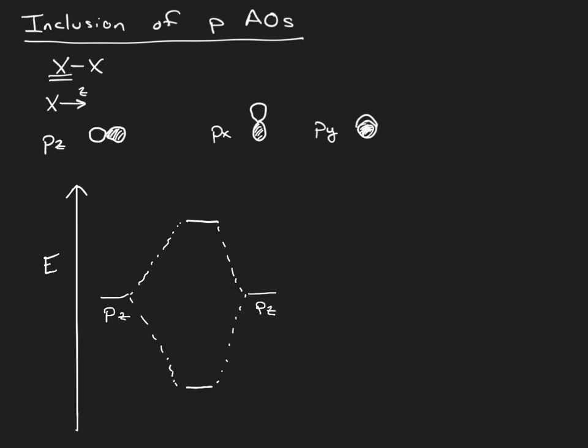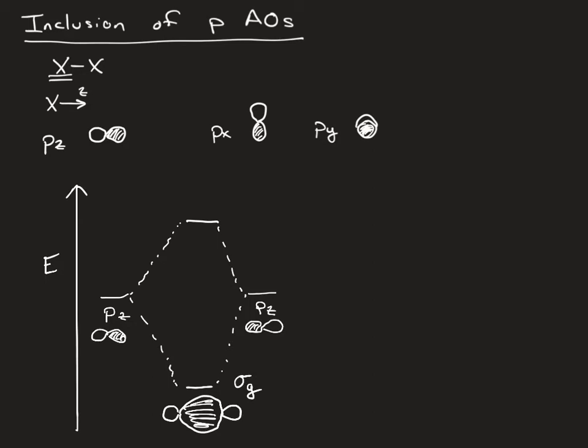What the in-phase combination will look like is this. And this results from our pz orbitals coming in and overlapping with the 2 in-phase lobes. This gets a sigma orbital designation, and because we're in a nominal D infinity h symmetry, a sigma g label.